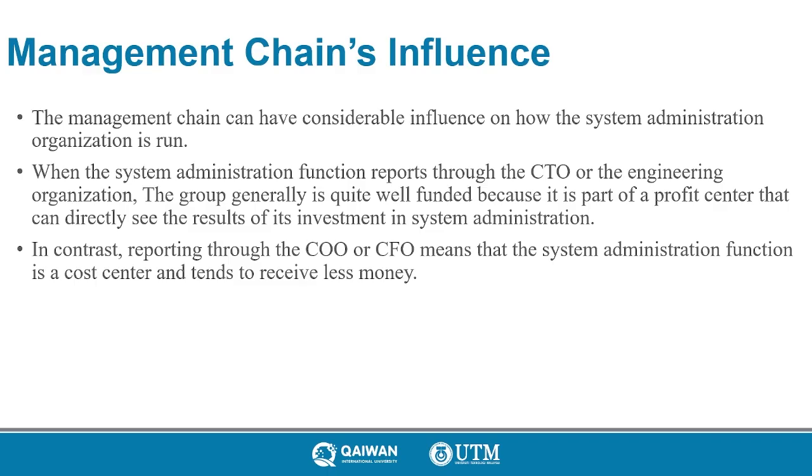In other words, in your organization, if you report to the CTO, the Chief Technology Officer, a person who has more experience than you and the rest of the team, it means that the organization values the system administration function, and they are sure that you will do your job better, because the CTO, after all, understands the job.